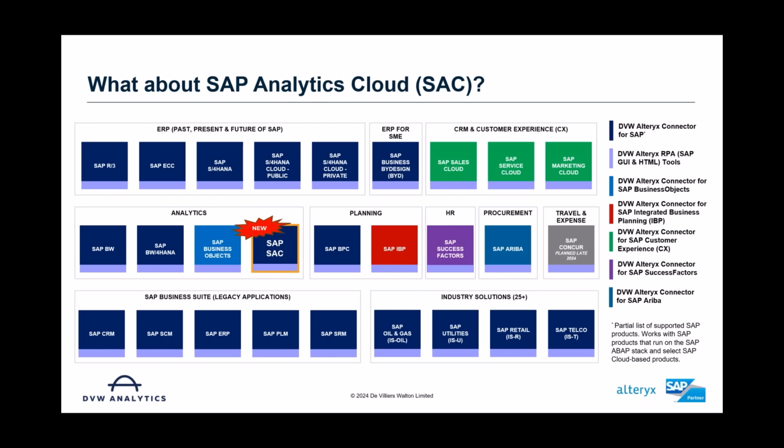It has certain capabilities, but we're already having requests to interact with the SAC system itself, either from a read perspective, getting data from SAC out into Alteryx, where we can use the capabilities of Alteryx to manipulate that data, but also in a number of different scenarios, the ability to write data back from Alteryx into SAC as well. So yeah, it's fully supported, and we're ready for it when you guys start running it in anger within your different businesses.